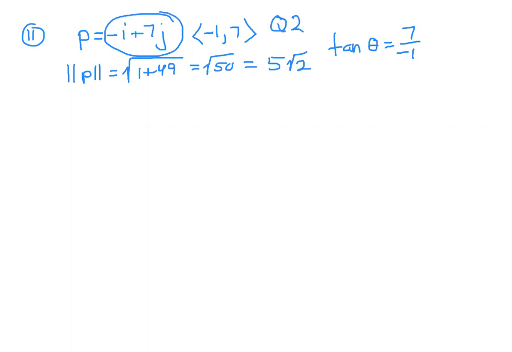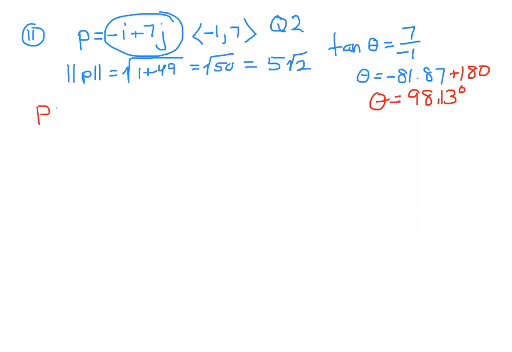So if you put this in your calculator, you get theta equals negative 81.87. But we don't want negative, so we're going to add 180, and you get theta equals 98.13.